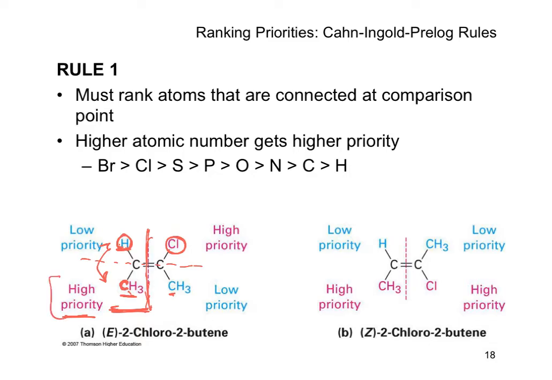My high priority groups are on opposite sides of my double bond, and so I would call this an E isomer. Notice in my nomenclature, I'm no longer calling this just 2-chloro-2-butene. I'm going to call it E-2-chloro-2-butene. Depending on the number, sometimes you would also see this written as 2E, because that specifies the position of the double bond.